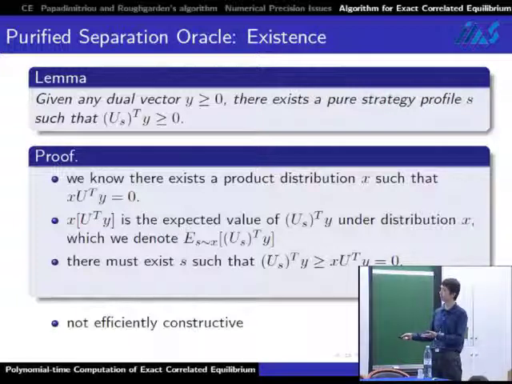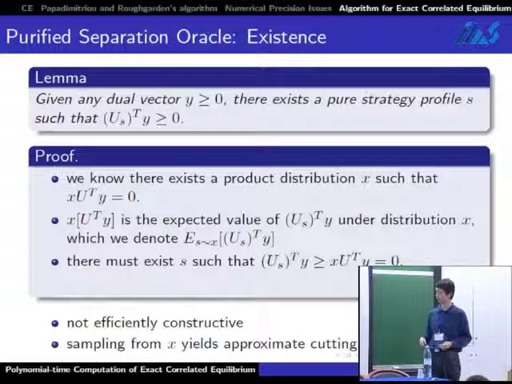This is a direct application of the probabilistic method, and as with this kind of proof, it is not efficiently constructive, because to find such an S, there exists an exponential number of pure strategy profiles.